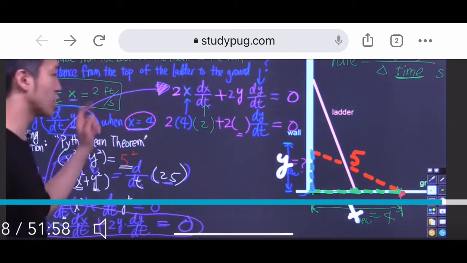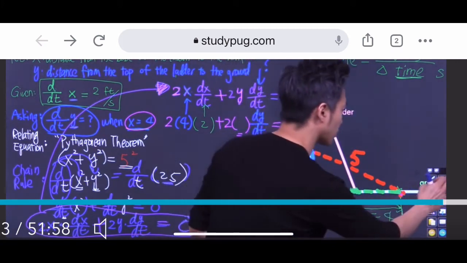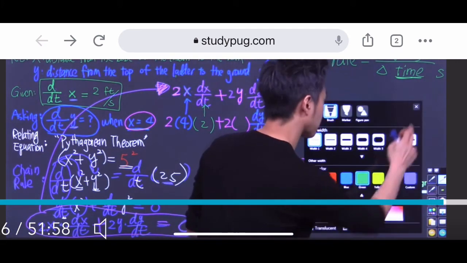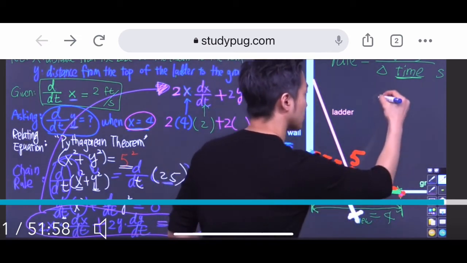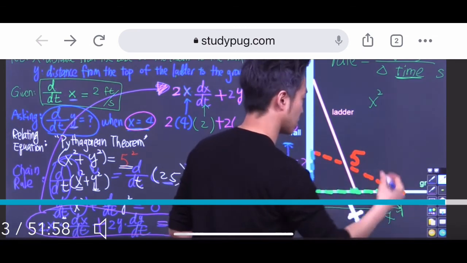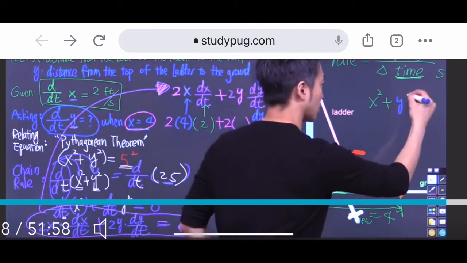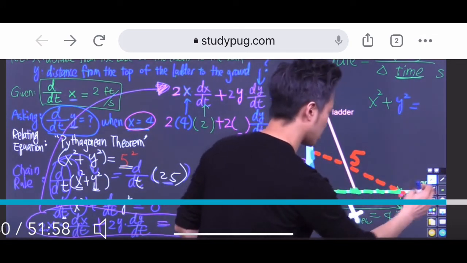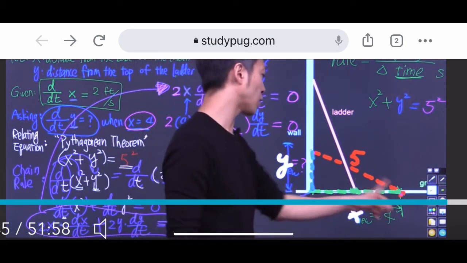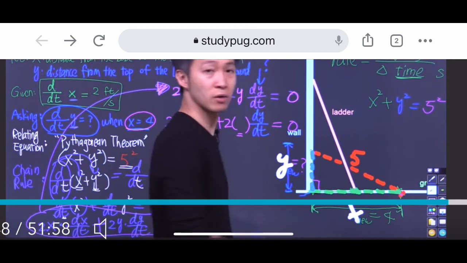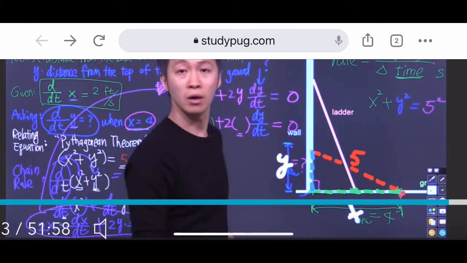According to the Pythagorean theorem, x squared plus y squared is equal to 5 squared. That's the Pythagorean theorem for any right triangle, right?